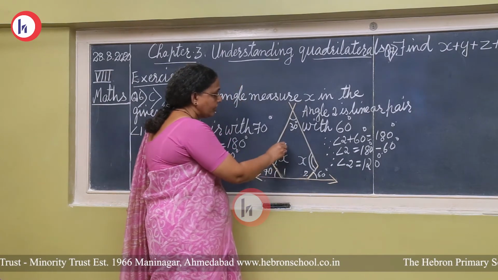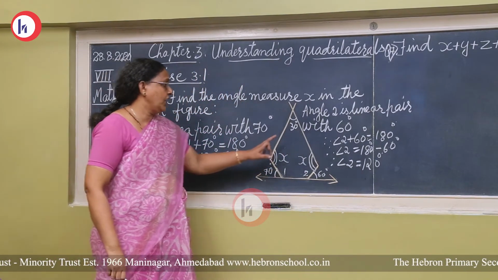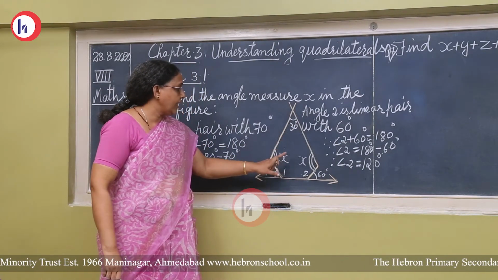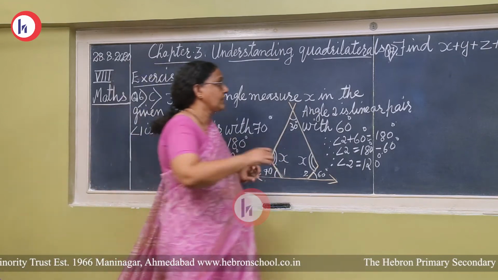Now we can use the angle sum property of the pentagon by using the formula. We will add all these, and we get the value of x.